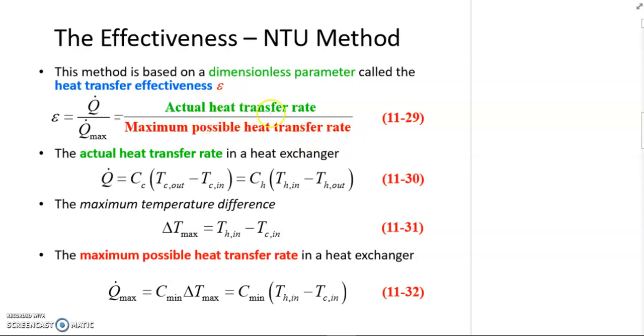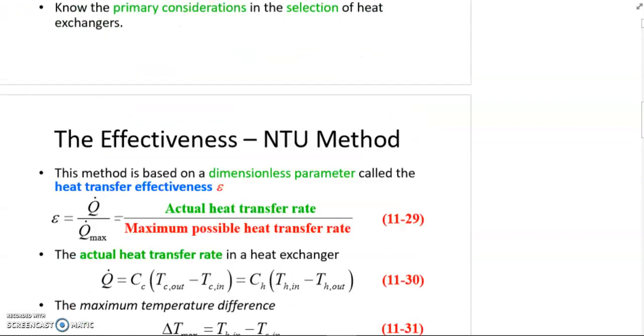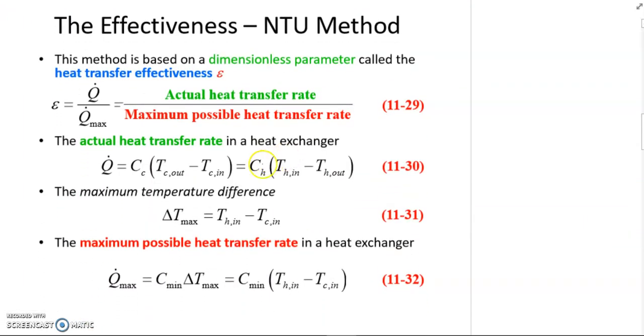So your actual heat transfer rate Q dot is equal to C, the heat capacity of the cold stream. Capital C is heat capacity, so C is equal to m dot multiplied by your specific heat capacity of the cold stream.